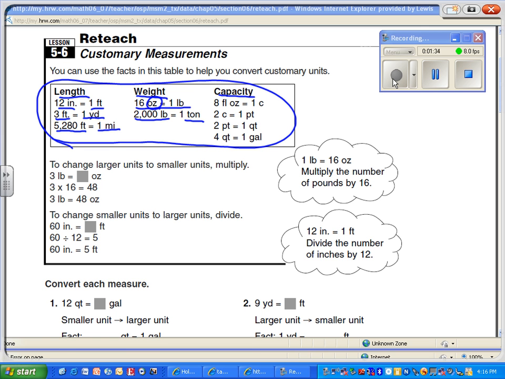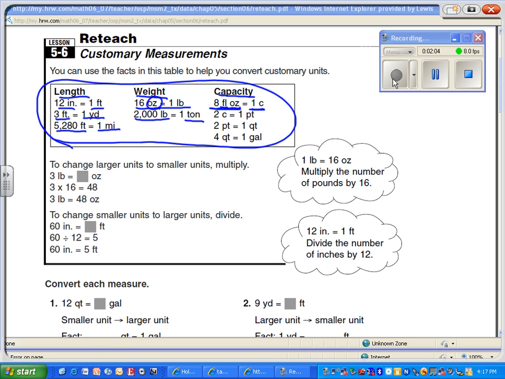But over here in capacity, we also have fluid ounces, so don't get those confused. 16 ounces in 1 pound, but there's 8 fluid ounces in 1 cup. That's when we're measuring with a measuring cup. So the ounces in weight are different from our ounces in capacity. So keep that in mind.